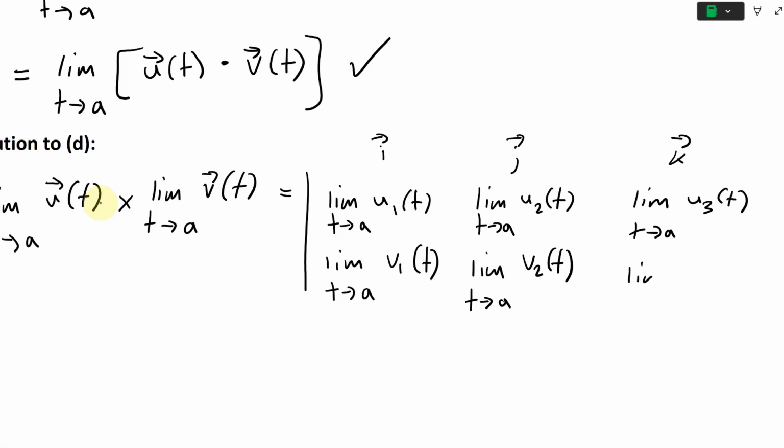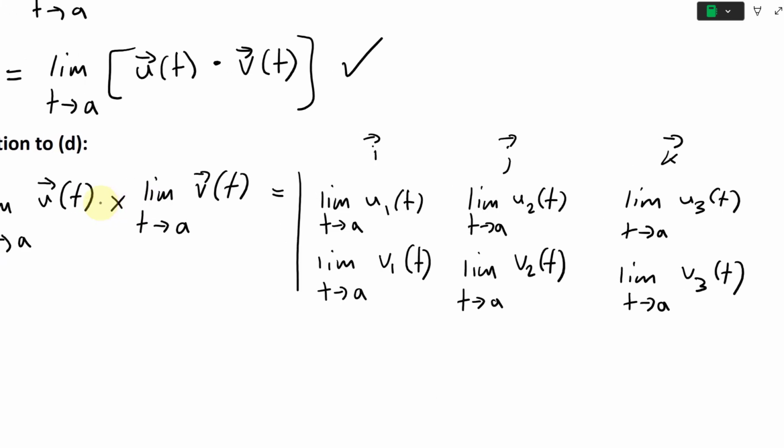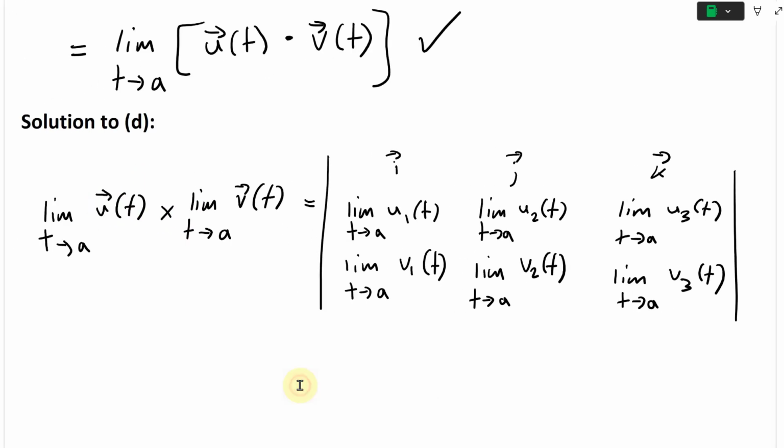The bottom row is the limit as t approaches a of v1 of t, of v2 of t, and of v3 of t. These are components of the vector function, so they are just regular functions. I put it like that just so it's easier to memorize how to do the cross product.